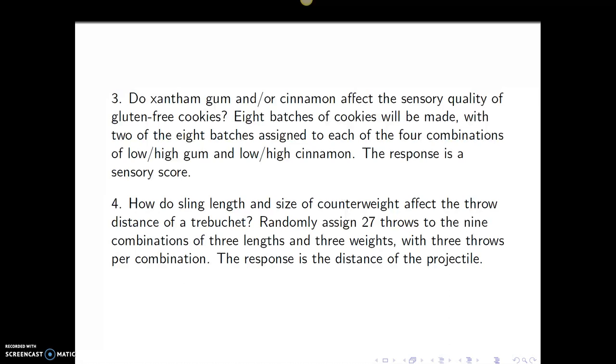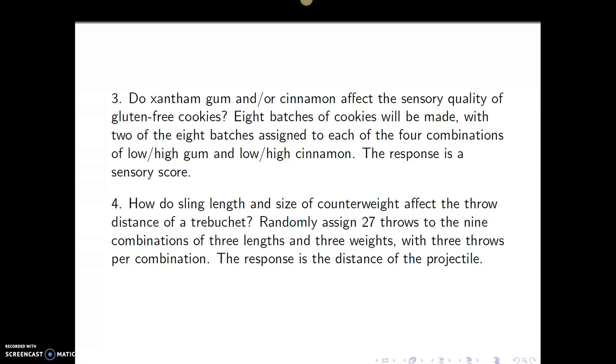The response is a sensory score. So notice here we've got 4 combinations. We could have low, low, low, high, high, low, or high, high for the gum and cinnamon content, and that is completely randomly assigned to the responses.